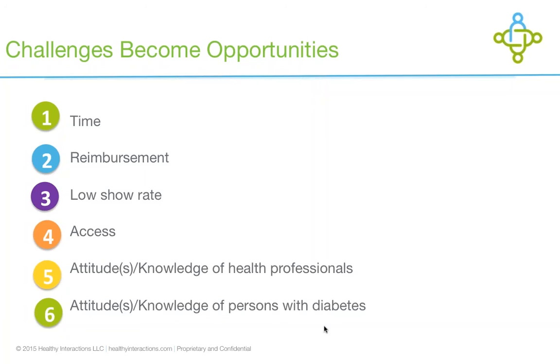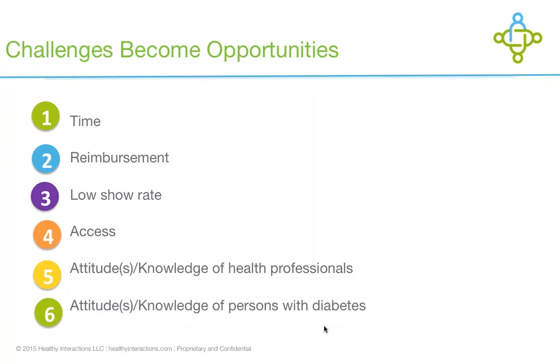Reimbursement. Now we know that the DSME is reimbursed in a group setup, so we provided that. And what's interesting about the reimbursement is that even with Medicare, people are eligible for the service, but I think only 4%, a little bit over 4% of the recipients, people who are eligible to receive it, actually receive DSME.